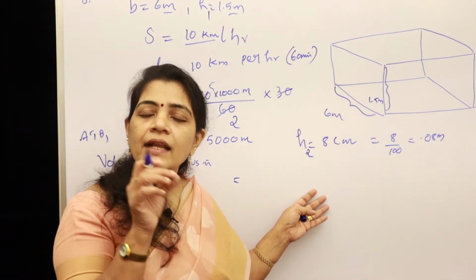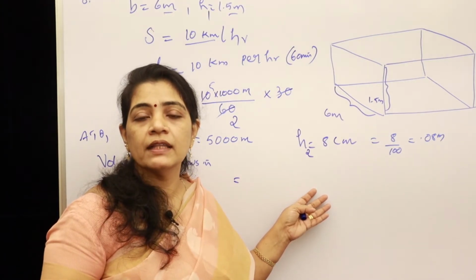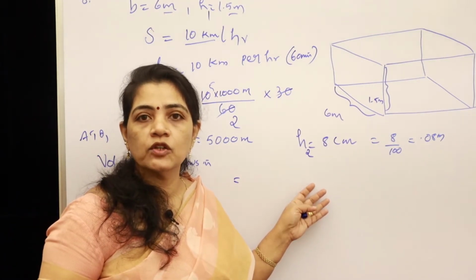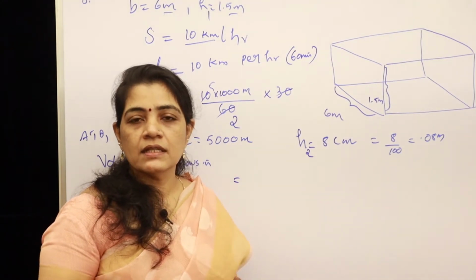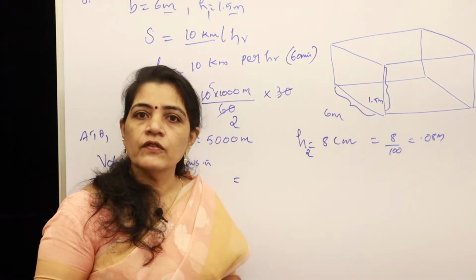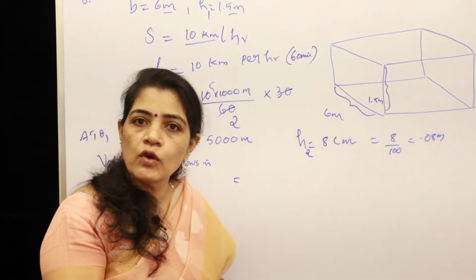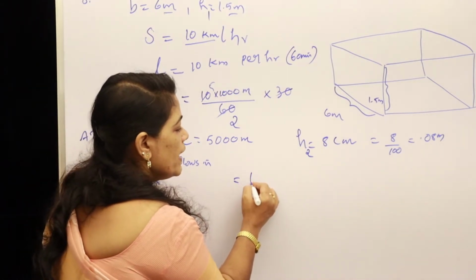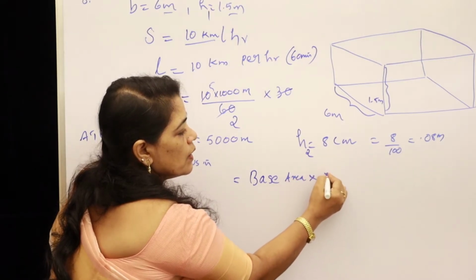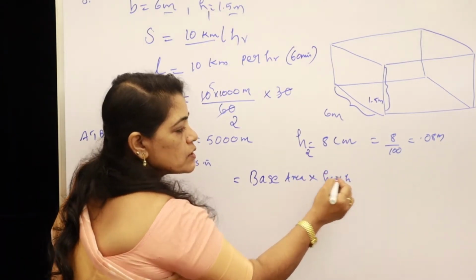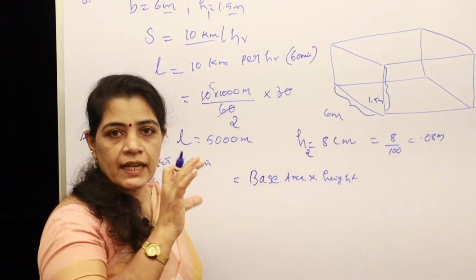In that case we have a general formula for volume, which I explained in the first part of this lesson: base area into height. Since the shape is not mentioned, we can just write base area into height, because that is also equal to volume. For a cuboid, L into B into H, where LB is the area of the base rectangle.